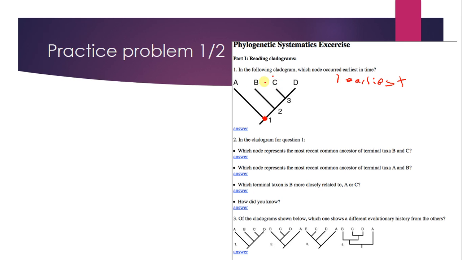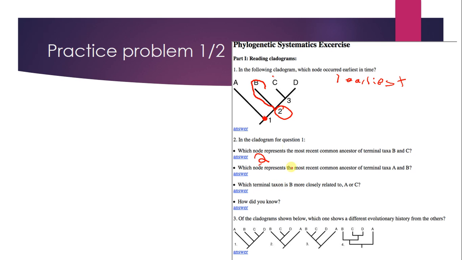The most recent common ancestor is 2. Right here, there was a common ancestor, and it diverged and led to the creation of taxa C and D.